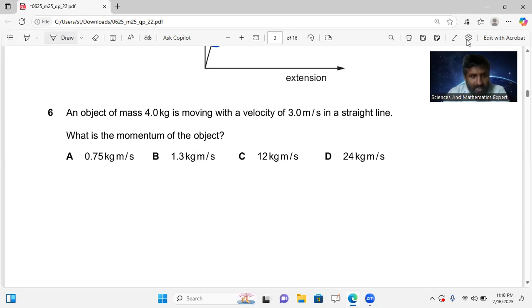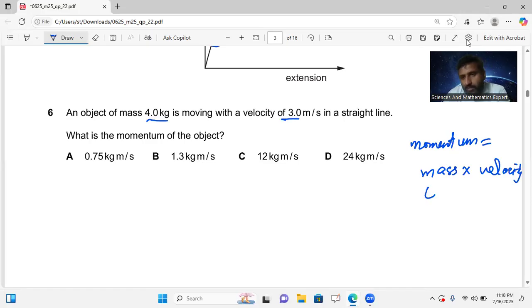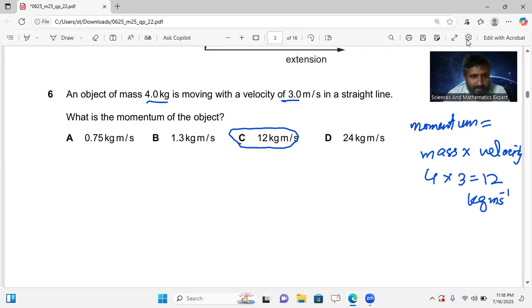Just knowing the formula, momentum is equal to mass multiply velocity. So mass is 4 multiply 3, which is equal to 12 kg meter per second, or Newton second can be taken. So it is 12. Option C will be fine for it.